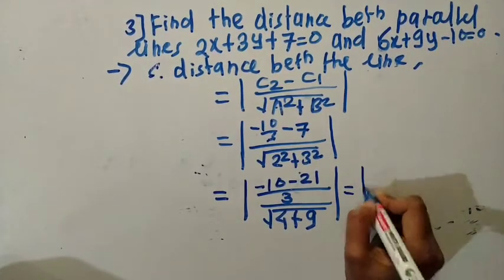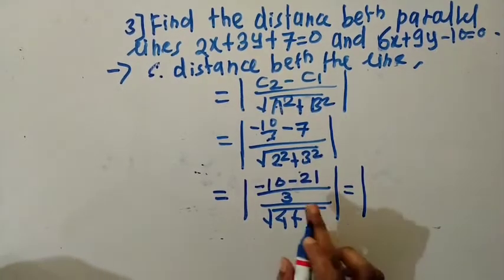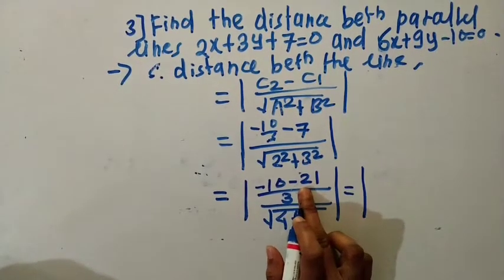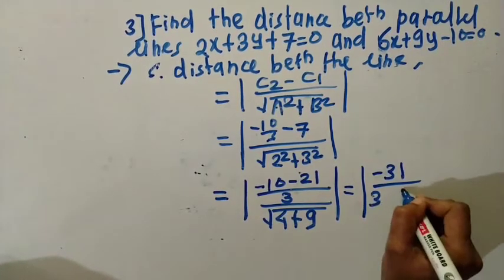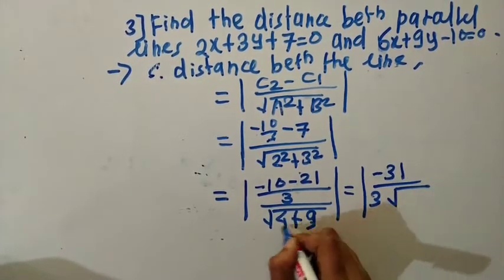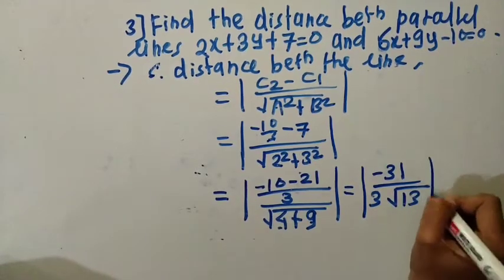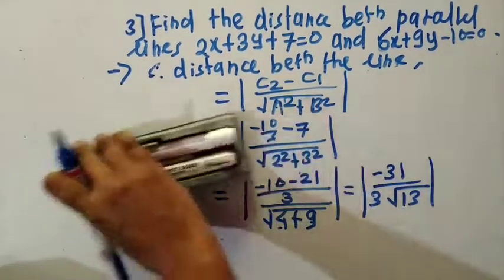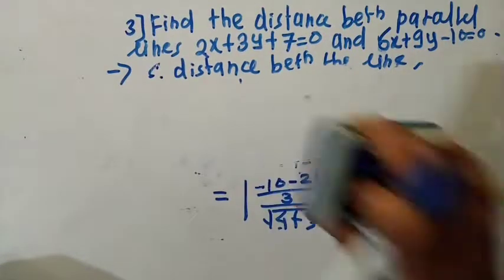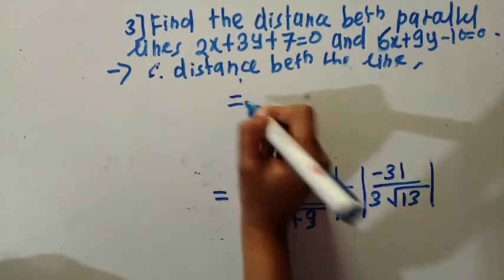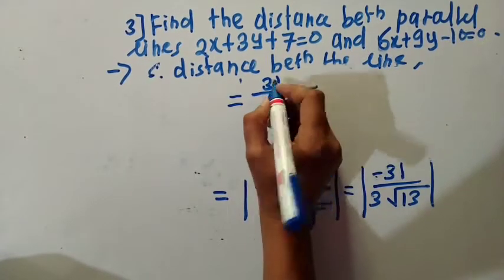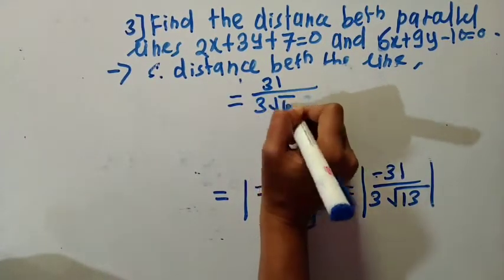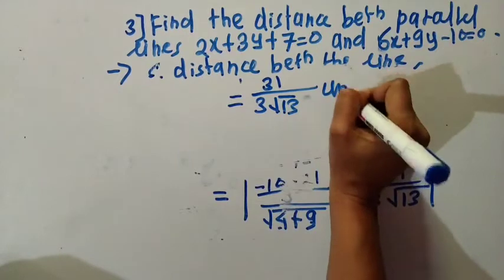Hence we get -10 minus 21 is -31, upon 3 root of 9 plus 4, that is 13. Hence we get the distance between the lines, the minus sign gets cancelled, and 31 upon 3 root 13 units.